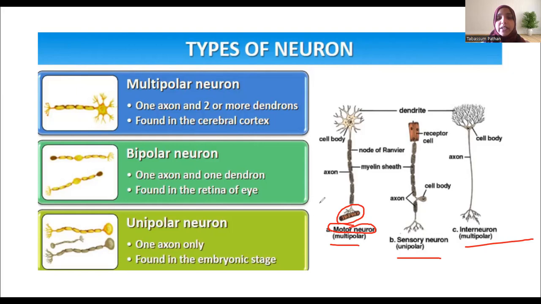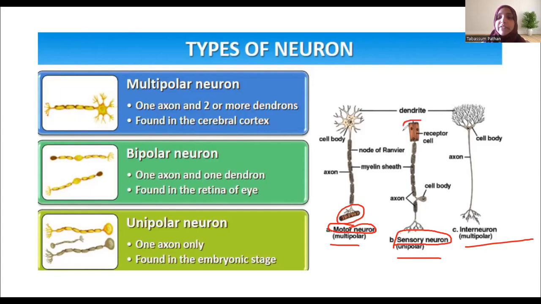A sensory neuron will be mostly unipolar. It will carry information from the sensory organs. That type of neuron will be called a sensory neuron.